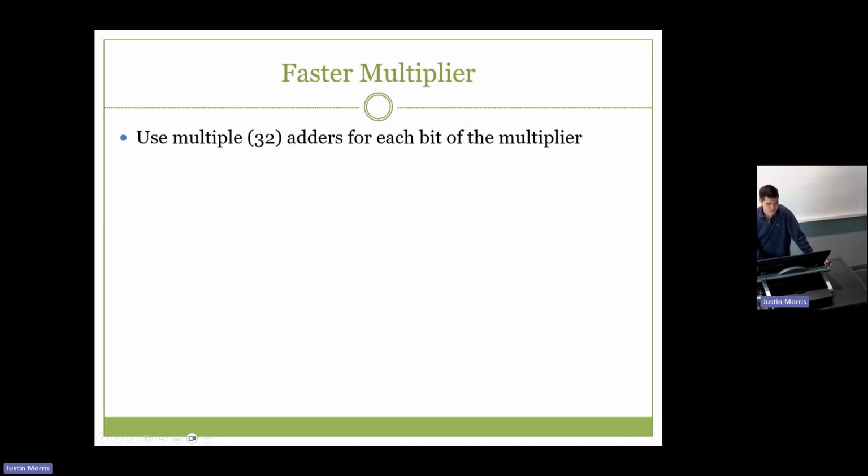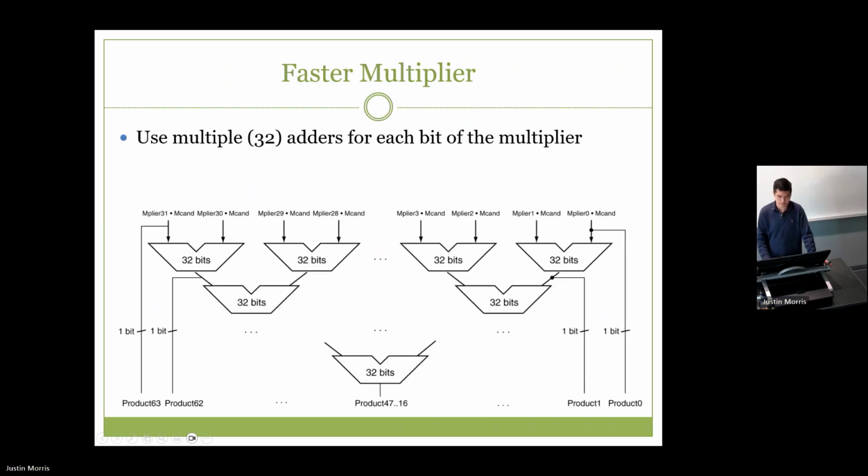And this is even faster. So we're going to use multiple 32-bit adders, one for each bit of the multiplier. So here we have our multiplier multiplied by the multiplicand, or by each bit.